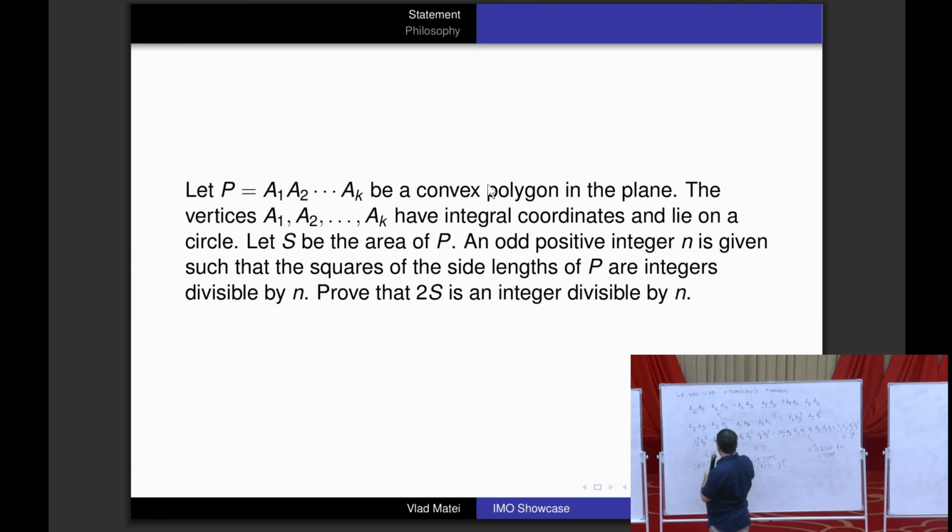What else? Well, the valuation of A1A3 squared times A2A4 squared, okay, so it's A1A3, this is a diagonal, A2A4 squared.